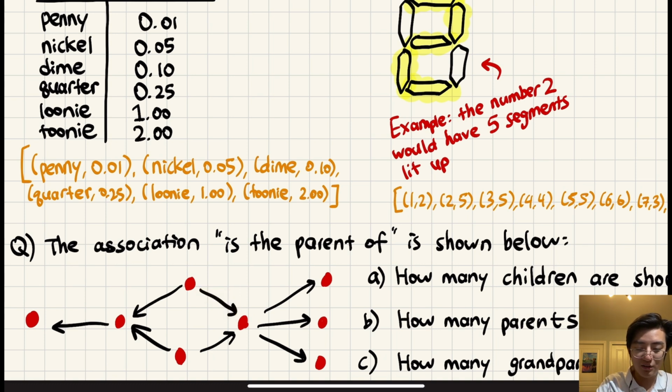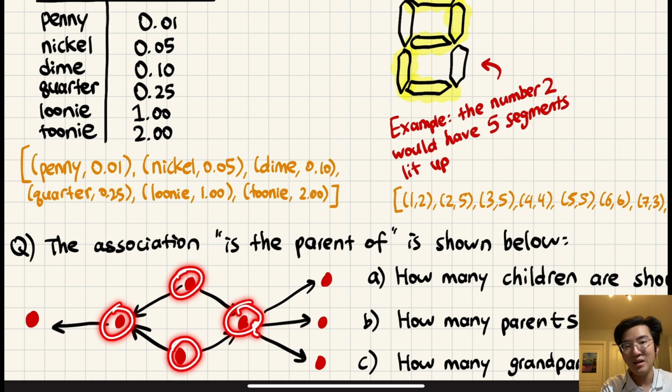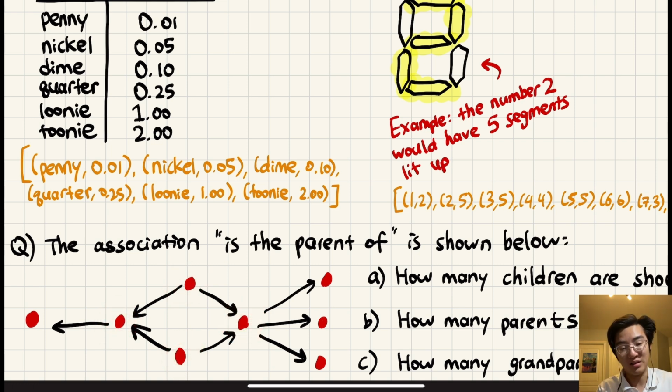The arrow refers to "is the parent of." So this person is a parent of those 3 kids. This person is a parent of this 1 kid. This person and this person, they're the parents of those 2 kids. Which means that those 4 people are parents because they are on the starting end of "is the parent of."